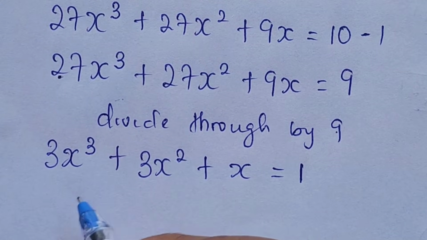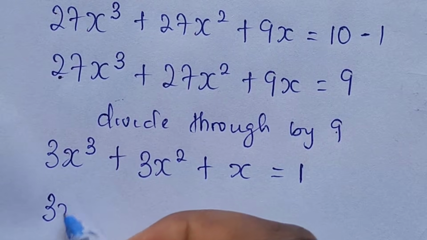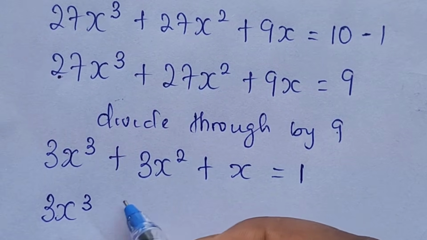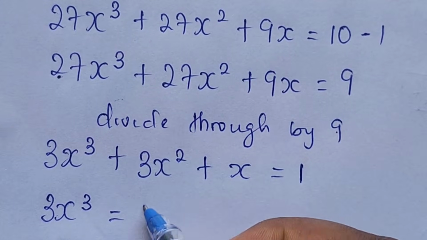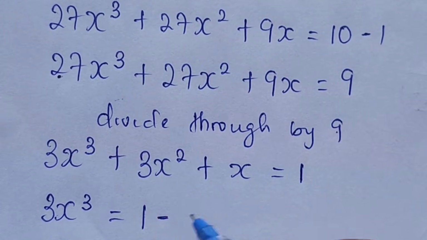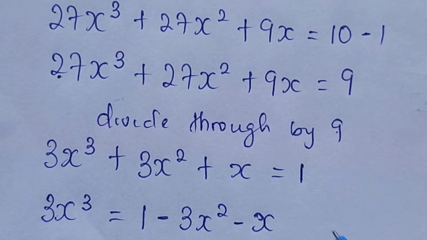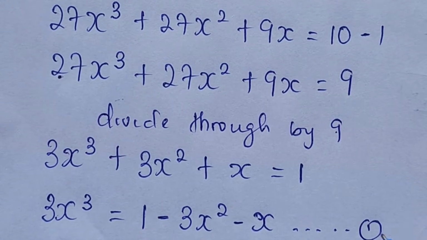So we can rearrange this equation to have 3x to the power of 3 is equal to 1. This crossing over becomes minus 3x squared, and our x crossing over becomes minus x. So we can name this equation 1.